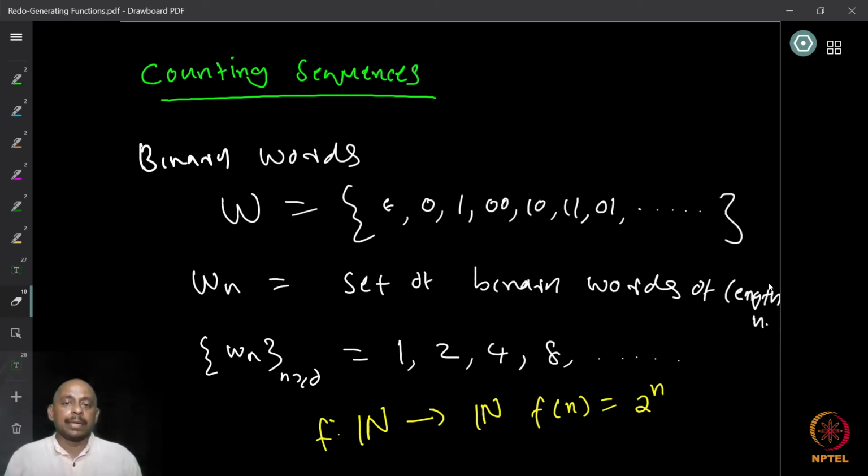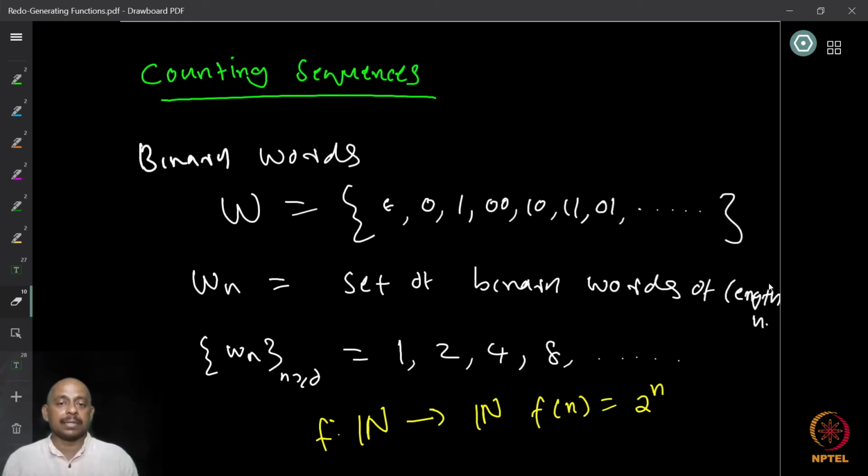And then we can talk about Wn, which is the set of binary words of length n. How many are there? We know it is 2 raised to n strings using 0 and 1. And therefore, we have the sequence Wn, which is the sequence 2 raised to n.